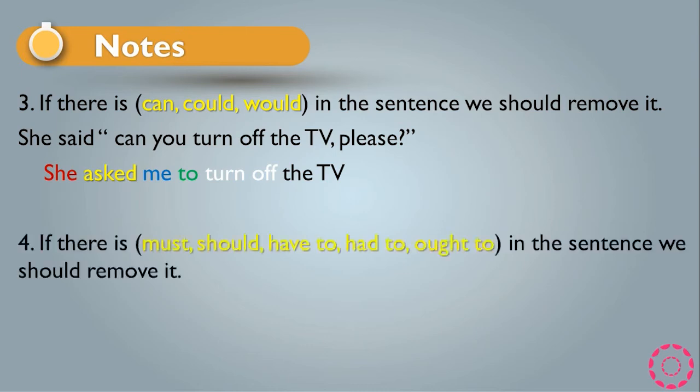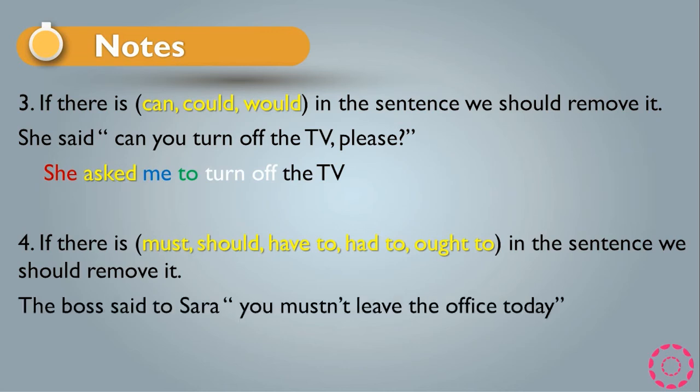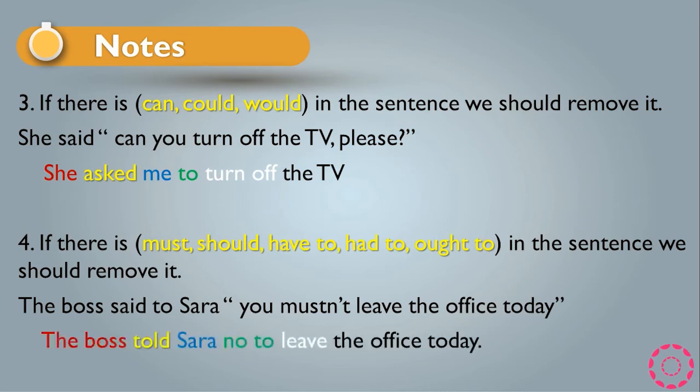The fourth one: if there is must, should, have to, had to, or ought to in the sentence, we should remove it too. For example, the boss said to Sarah, you mustn't leave the office today. As you see, we have must. If it is negative, it is also true. So it became: the boss told Sarah not to leave the office today.